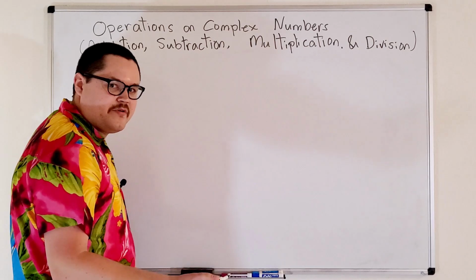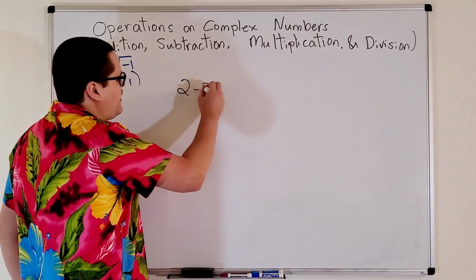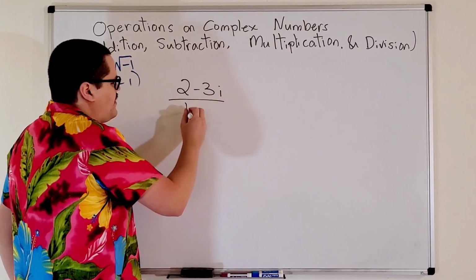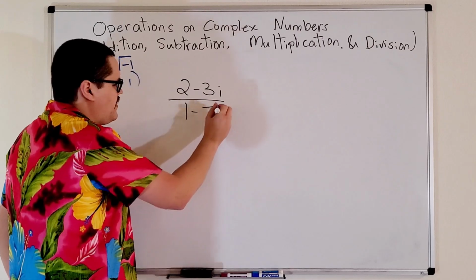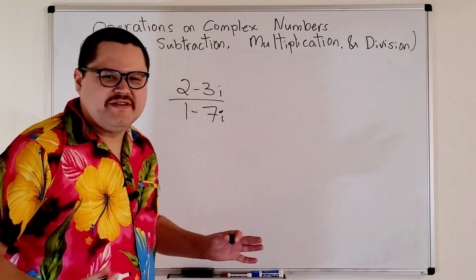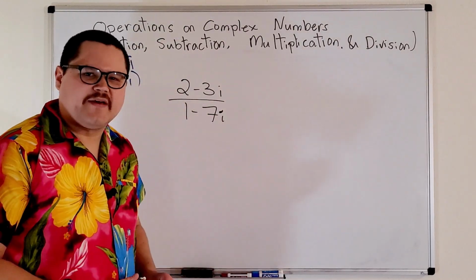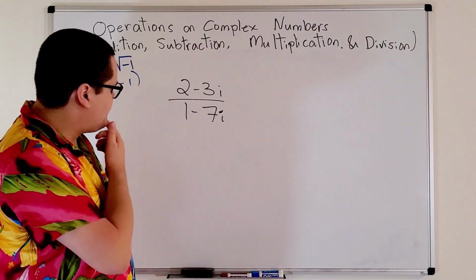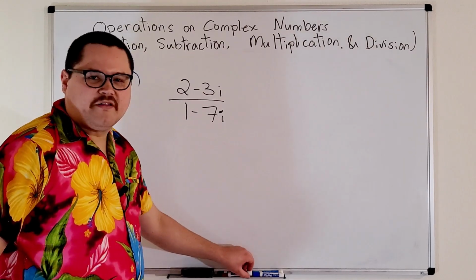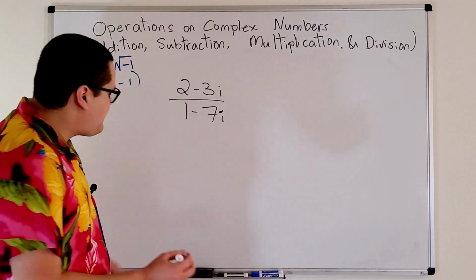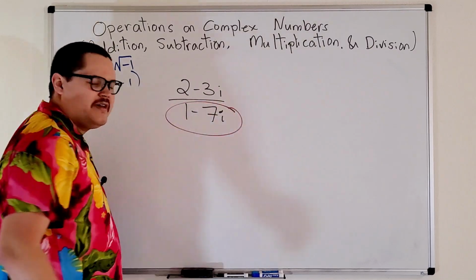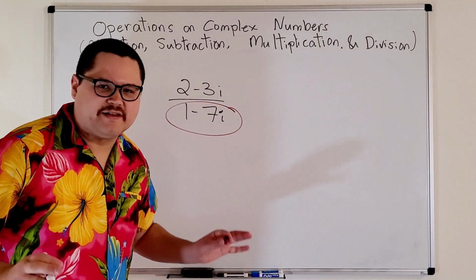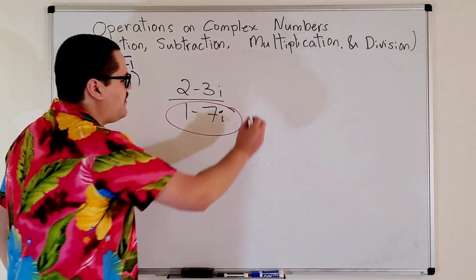Let's say, for example, we have 2 minus 3i over 1 minus 7i. How can we simplify this and write it in the form a plus bi? Well, the thing to do is you look at the denominator, the thing on the bottom, and you multiply by the complex conjugate over itself.